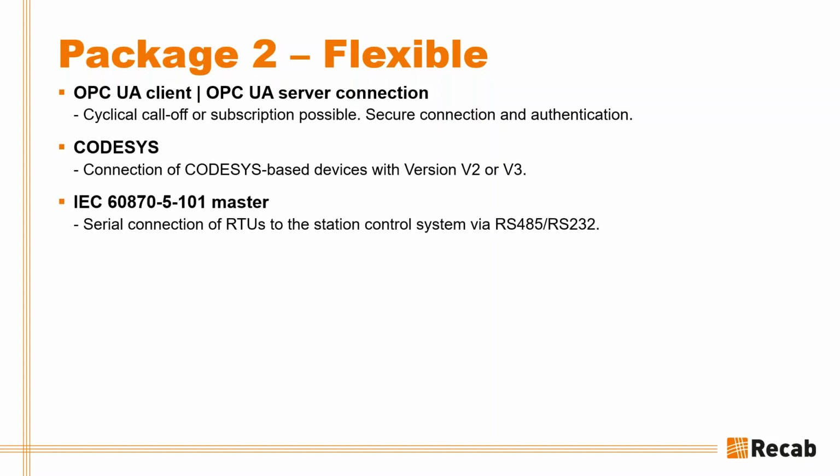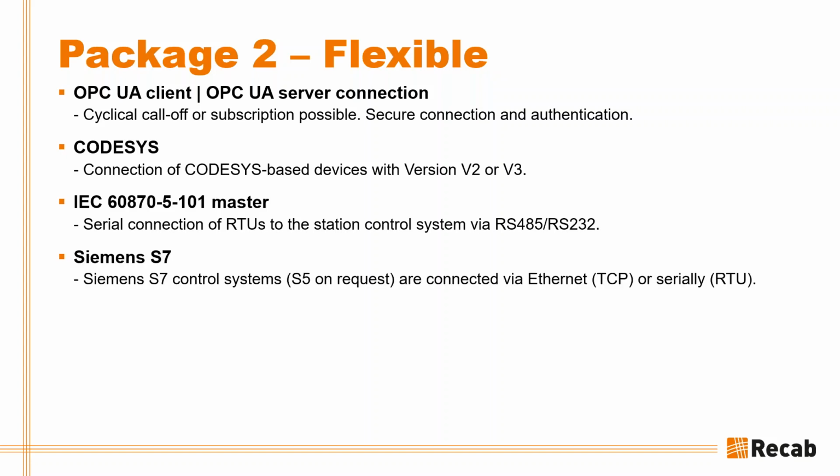You also get the IEC 60870-5-101 master, which is the serial connection with RS485 and RS232. And you also get Siemens S7. They can provide S5 if you need it, but then you have to contact INSYS for that. And here you have connections with both TCP or RTU.